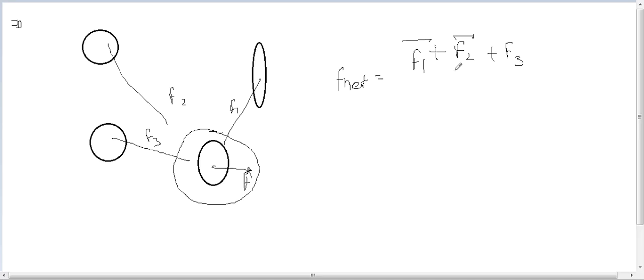More or less this is simple vector addition, so don't bother about what superposition of forces is. We'll learn about these things in more detail when we solve questions, because with theory alone we are not able to understand all the concepts. So we'll solve a lot of questions on electrostatics.